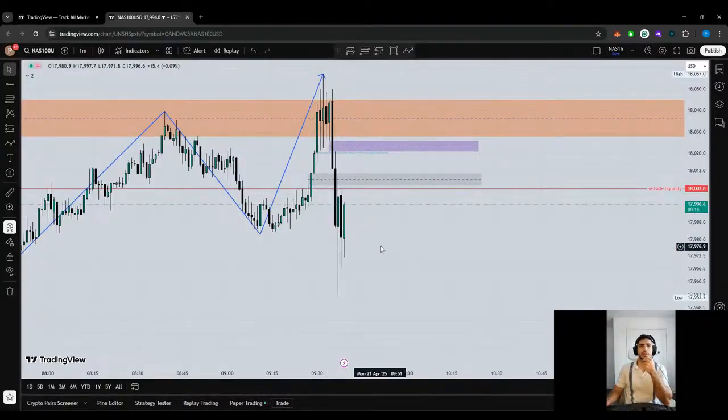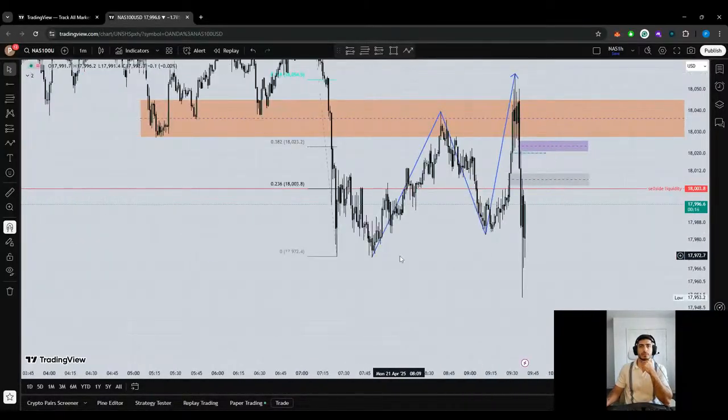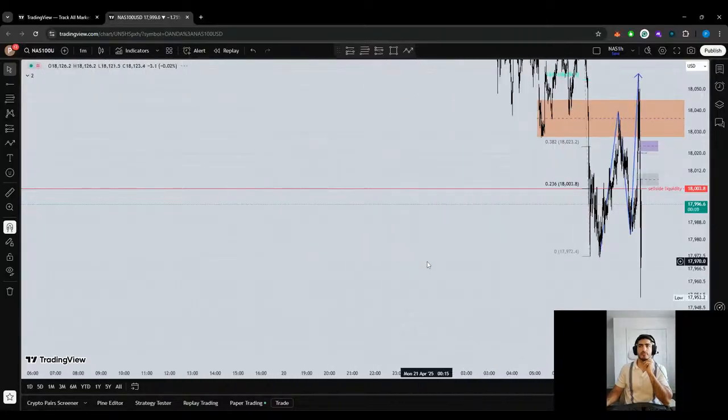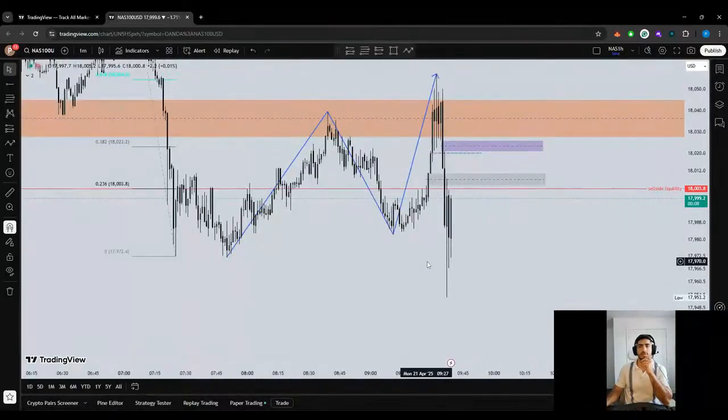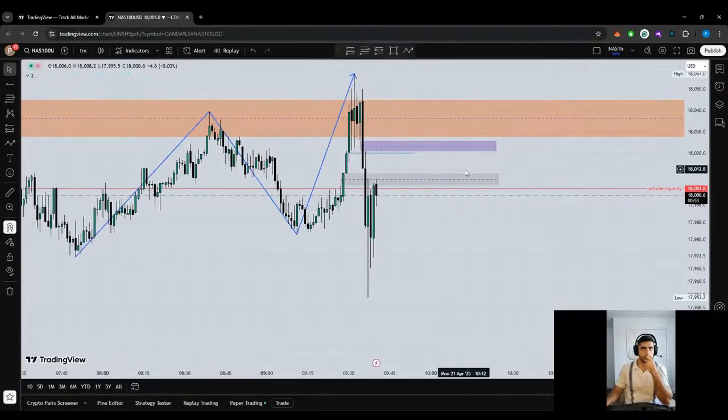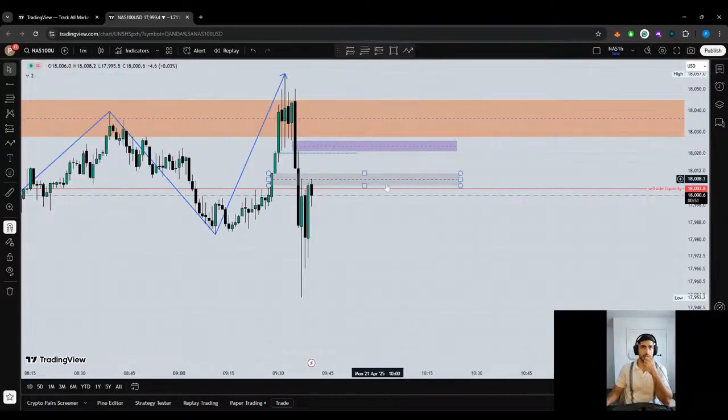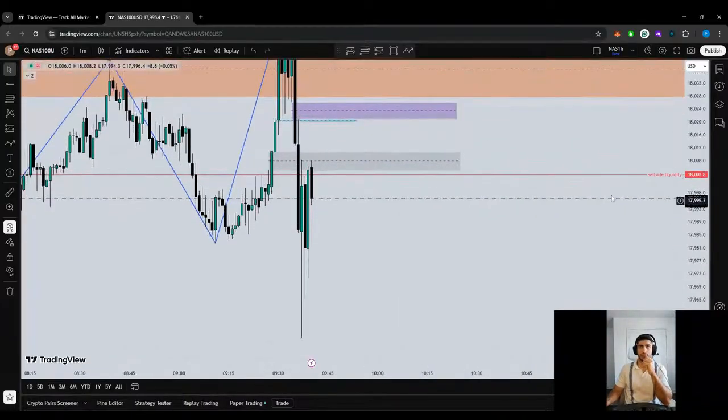So it seems to me that buyers are quite interested in this region of price. Mind you, it's only 9 minutes past the open. So we still have to wait a little bit, see what's up. But it could be a possible short at that first presented fair value gap.